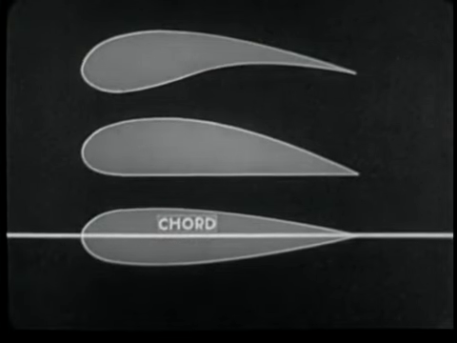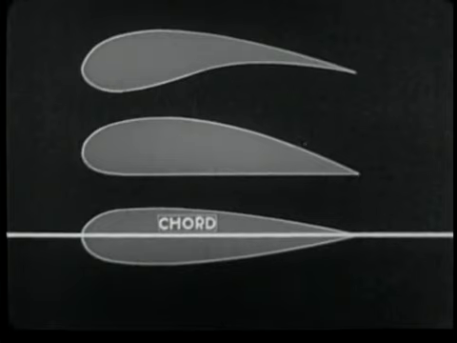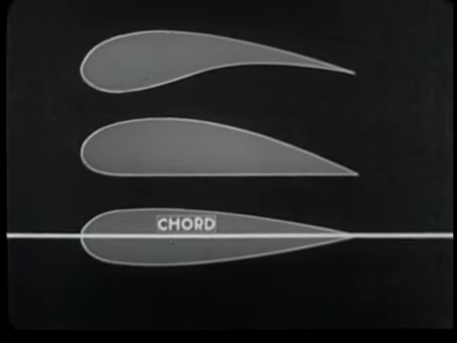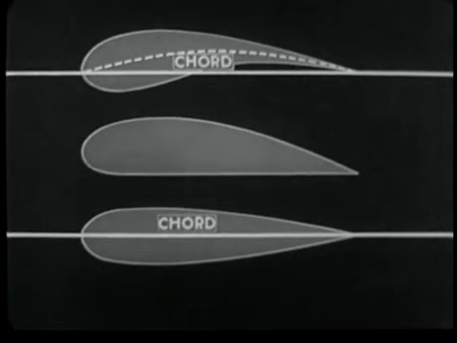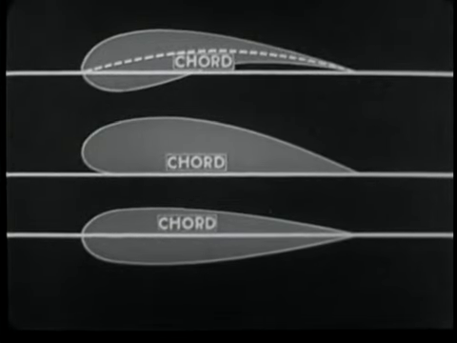In general, a line through an airfoil's leading and trailing edges is known as its chord. This is the case with an airfoil having a symmetrical double convex camber. In an airfoil which is convex on its upper surface and concave below, the chord corresponds to the arc of the medium camber.